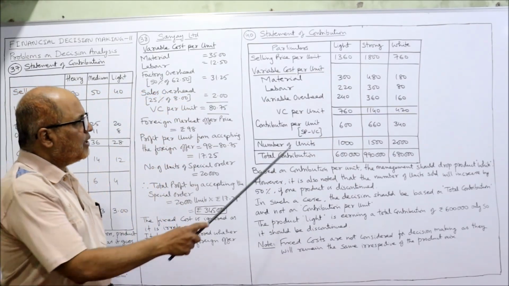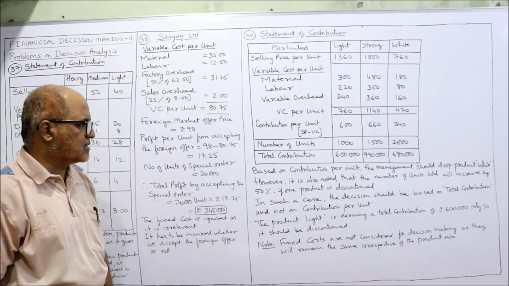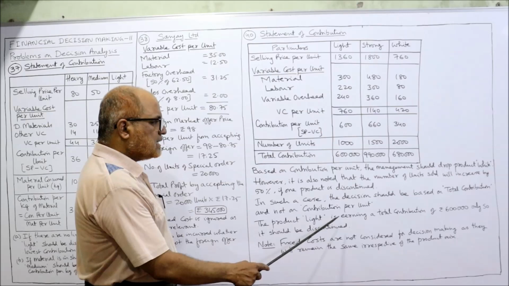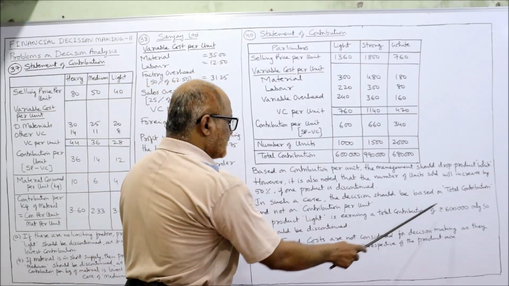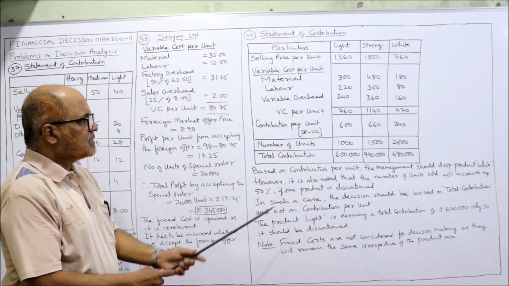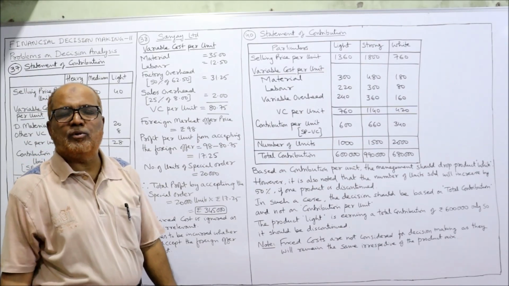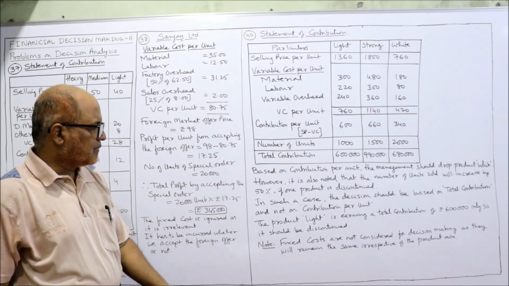Now our decision will be on the total contribution. The product light is earning a total contribution of 6 lakh, so only it should be discontinued. So 6 lakh rupees is the total contribution received from light, the lowest total contribution, so that can be dropped, right?